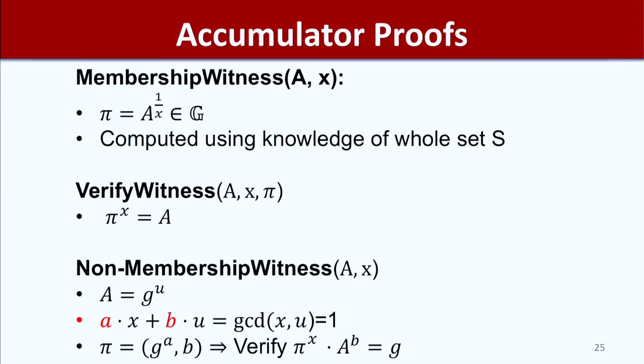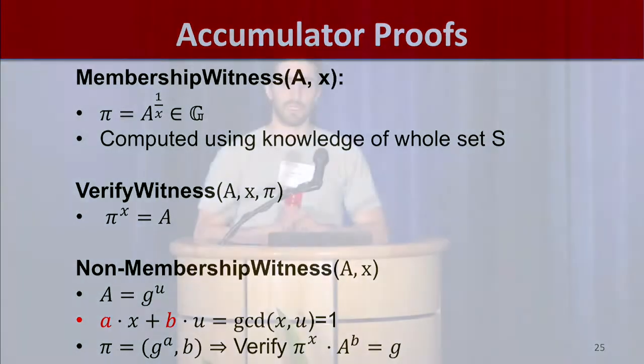Now, if you had the whole set S, it would be easy to produce that membership witness. But there are other ways of updating membership witnesses that I'll talk about later, or producing membership witnesses in a whole batch more efficiently than the time it takes to produce one.